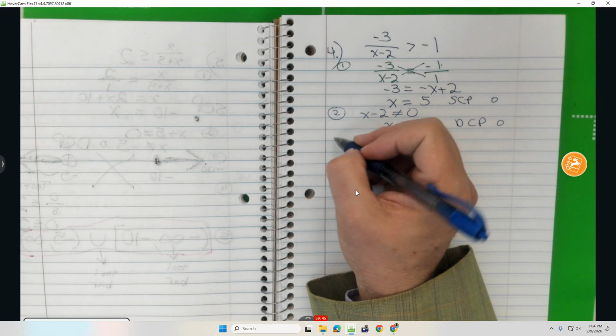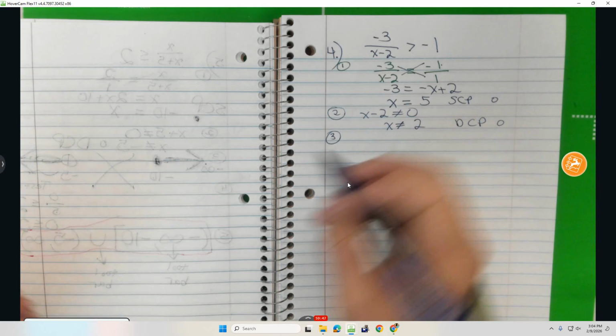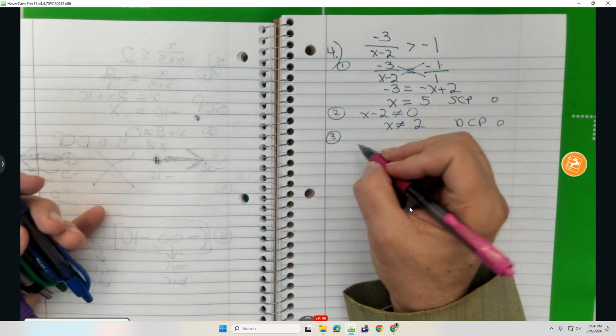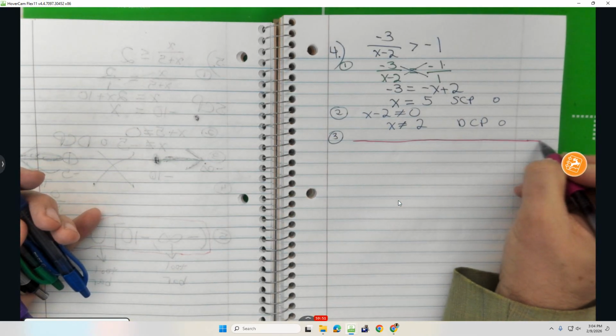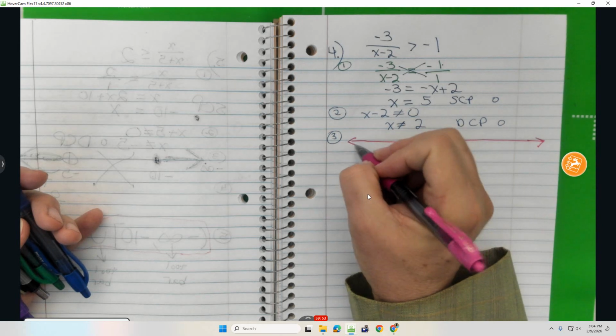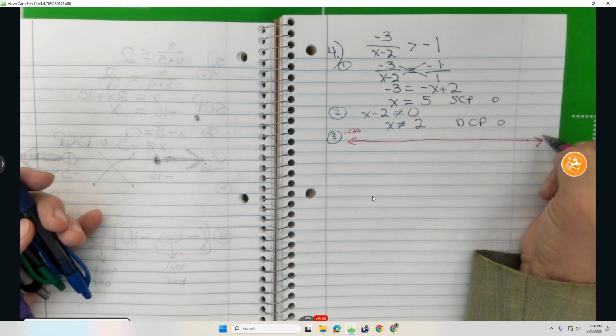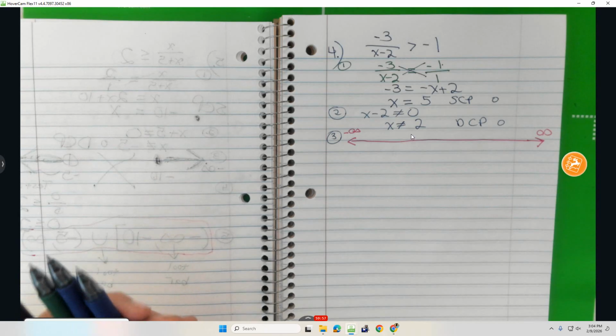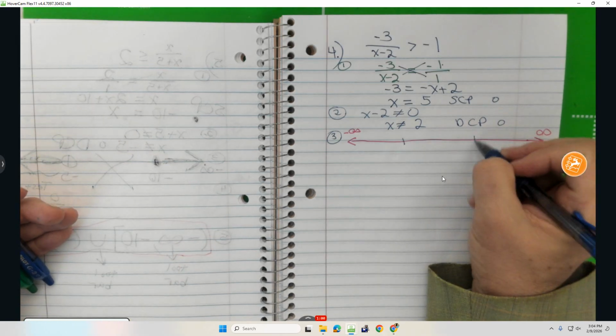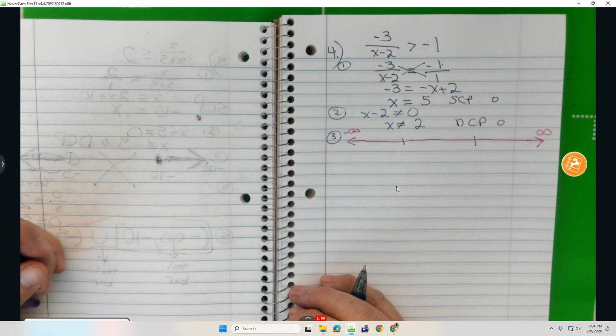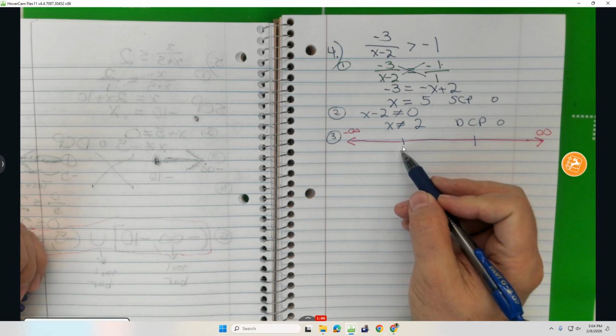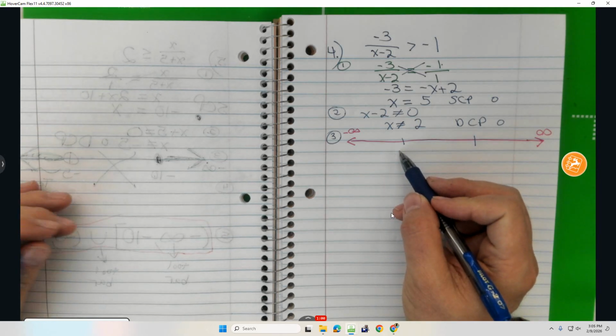Step number 3, you draw your number line. And I have 2 cut points. Which one will I write here? Which one will be on the left? 2.